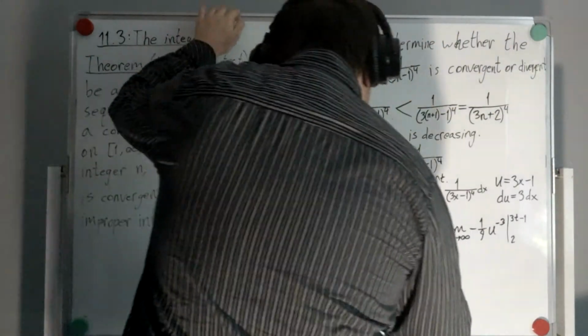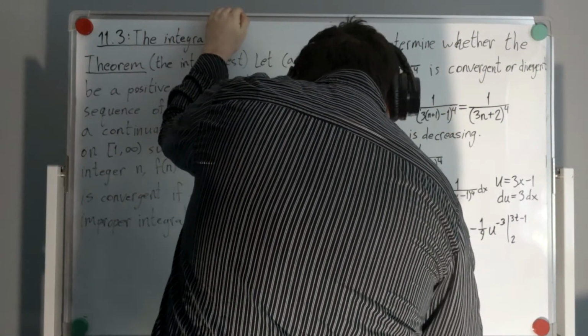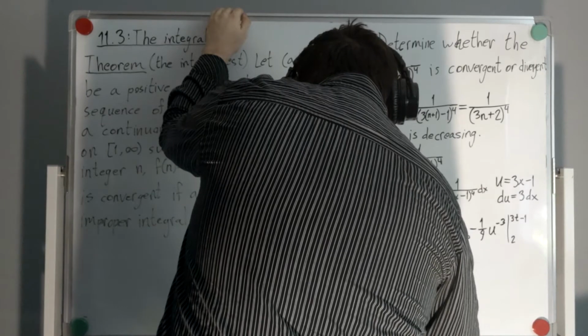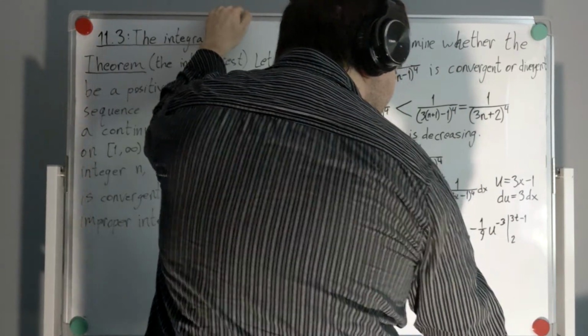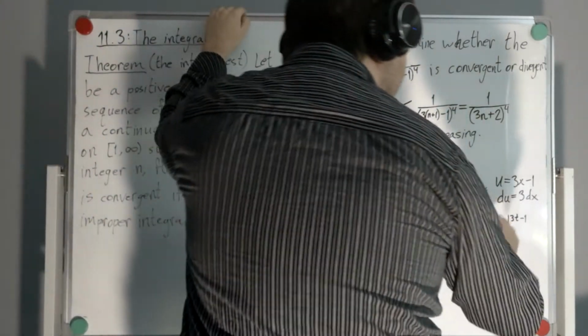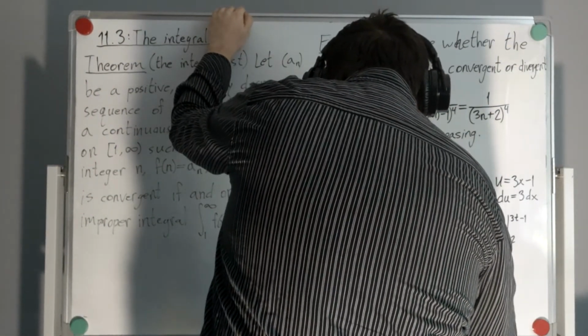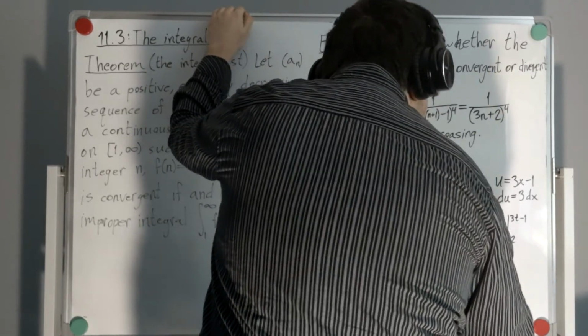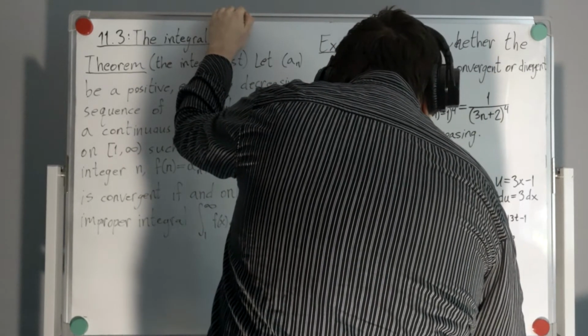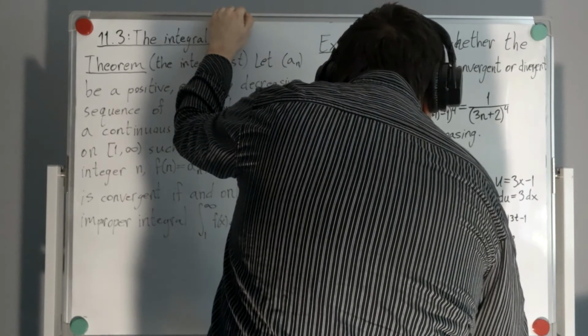So, this is just the limit as t approaches infinity of, well, I guess I want to rewrite this first. I want to say that this is 1 over 9u cubed, evaluated from 3t minus 1 up to 2.